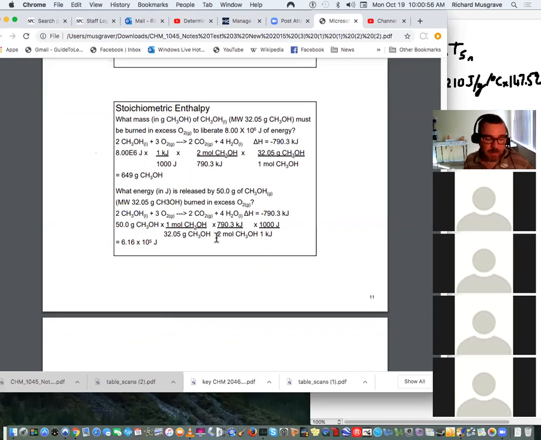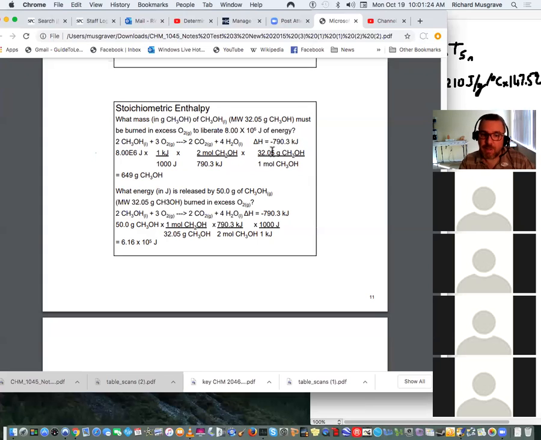And the key to this is the delta H value, which you'll notice is not in kilojoules per mole, but kilojoules, because it's specific to that specific reaction with this specific stoichiometry, meaning 2 moles of methanol, 3 moles of O2, 2 moles of CO2, 4 moles of H2O. So it's not per mole of any one thing, but it is the delta H for that specific reaction.